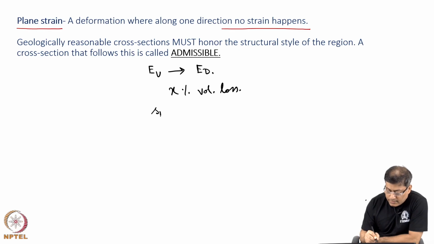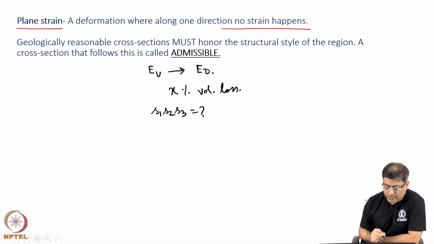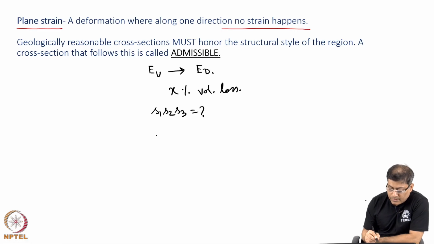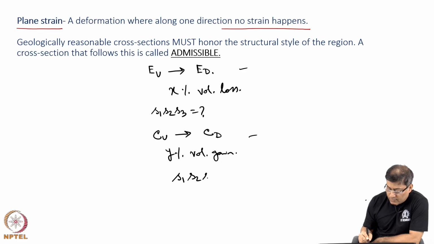Then how much is S1 multiplied by S2 multiplied by S3 is a question for the students. And a similar problem, suppose there is a cuboid undeformed and after deformation it still is a cuboid, no rotation has happened in this case, and here there is y% volume gain, then how much is the product S1, S2, S3?